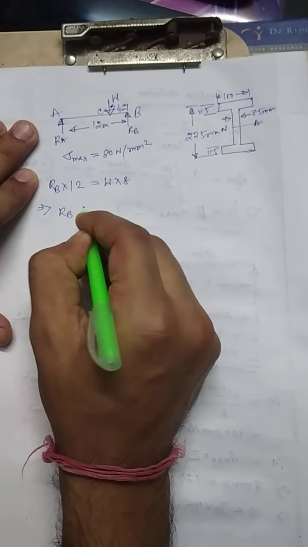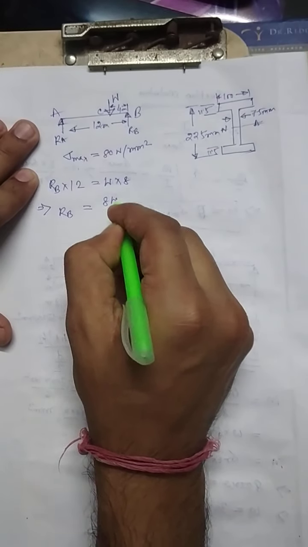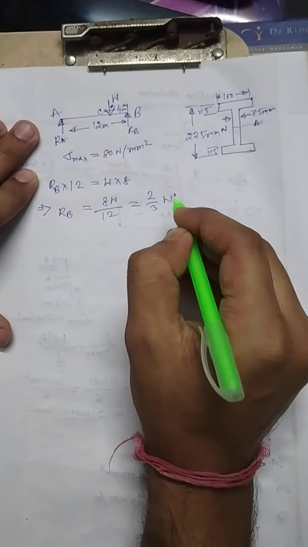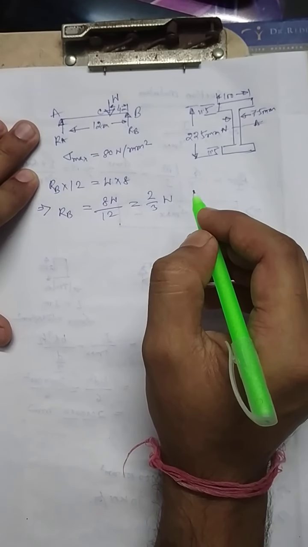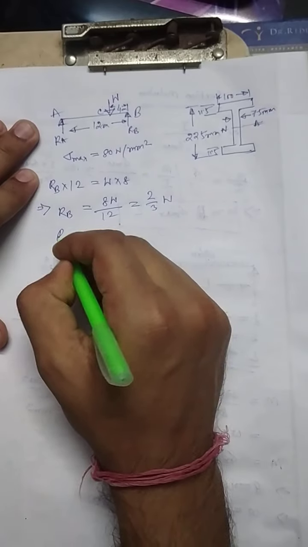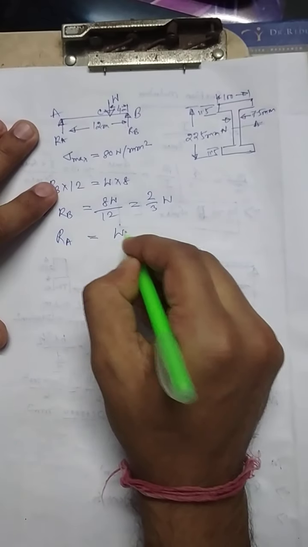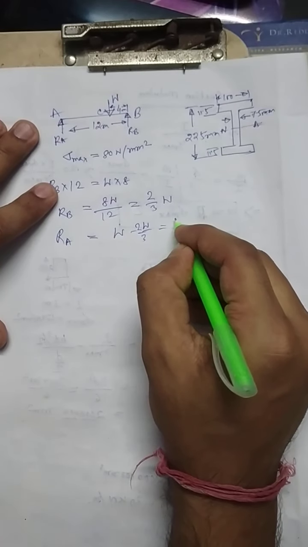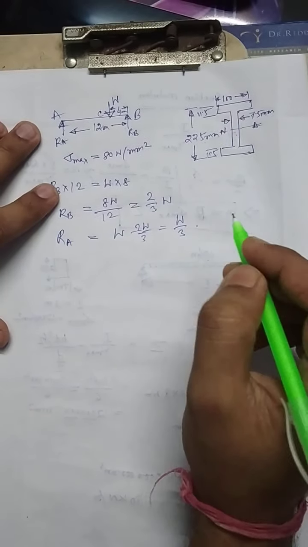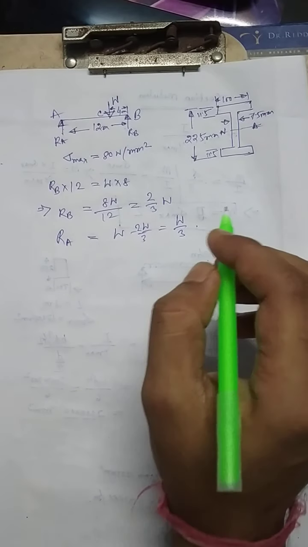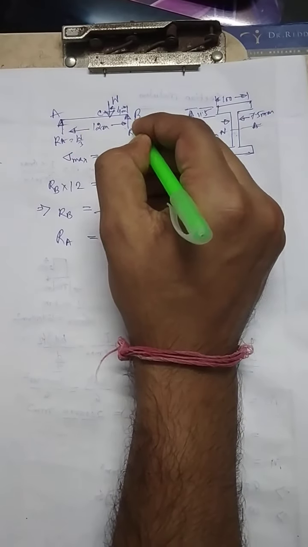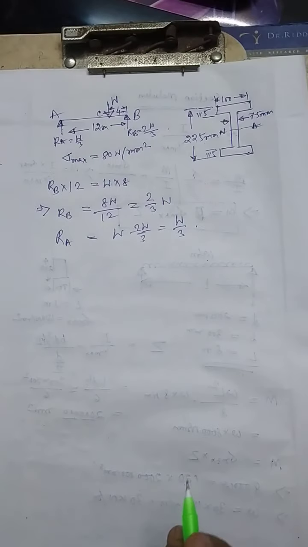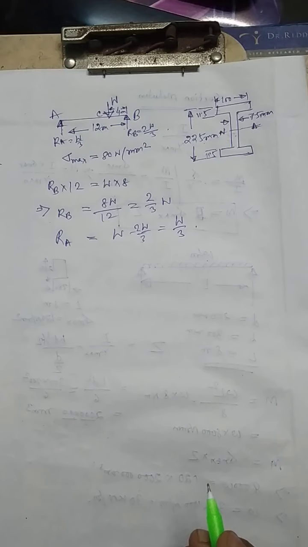So RB becomes 8W by 12, or 2W by 3. RA will be W minus 2W by 3, which is W by 3. So this is W by 3 and this is 2W by 3.